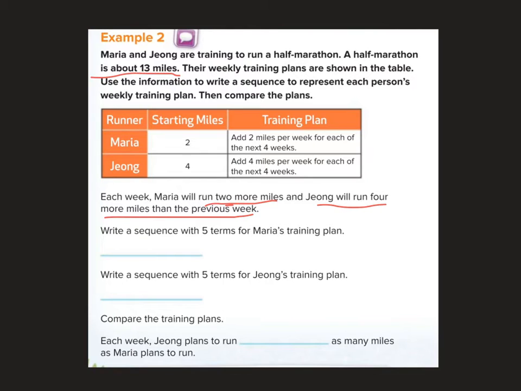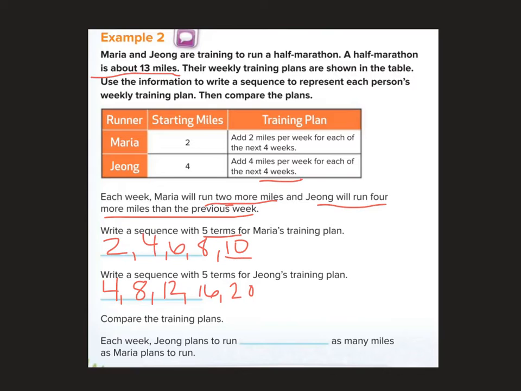For the sequence with 5 terms for Maria's plan, she's going to start at 2 and add 2 miles per week for each of the next 4 weeks. So she's going to go 2, 4, 6, 8, 10. After 5 weeks, she'll be running 10 miles a week. The sequence for Jung's is 4, and 4 miles more per week for the next 4 weeks: 4, 8, 12, 16, and 20.